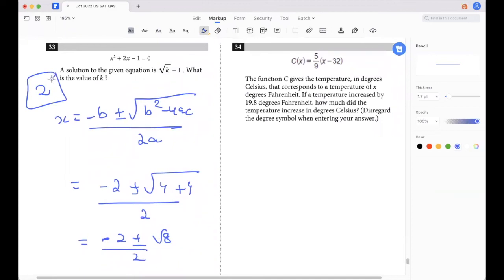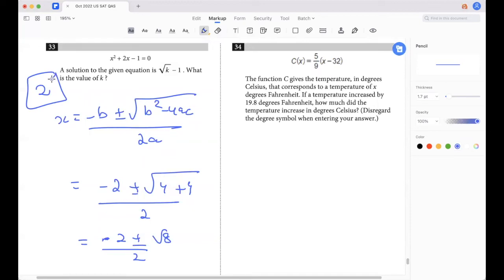The function c gives the temperature in Celsius that corresponds to a temperature x in Fahrenheit. If a temperature increased by 19.8 degrees Fahrenheit, how much did the temperature increase in degrees Celsius?